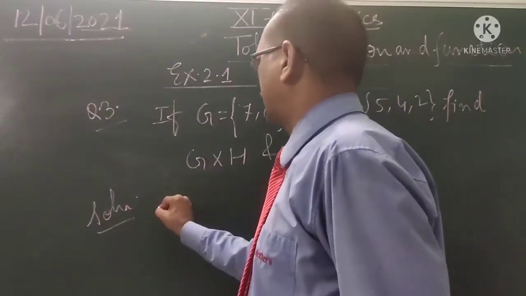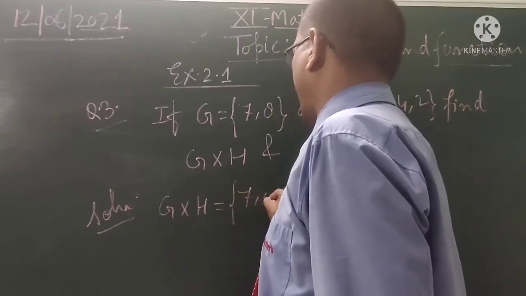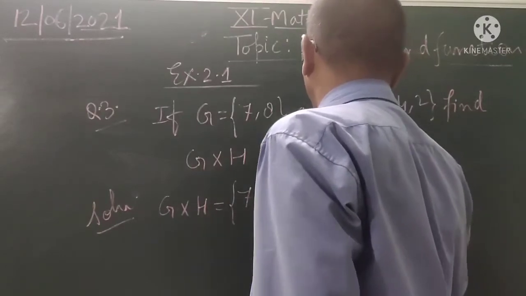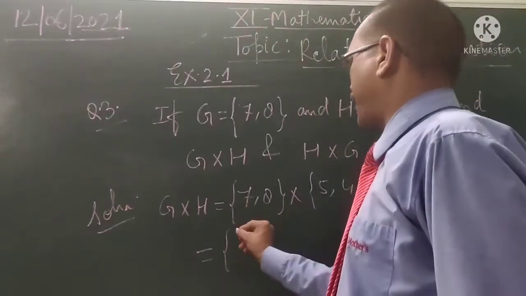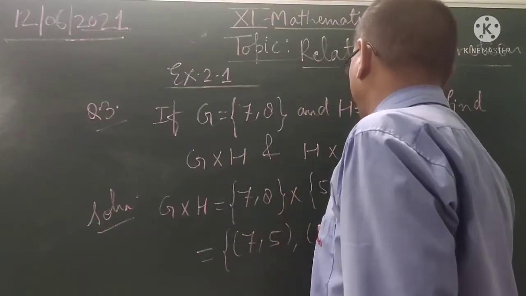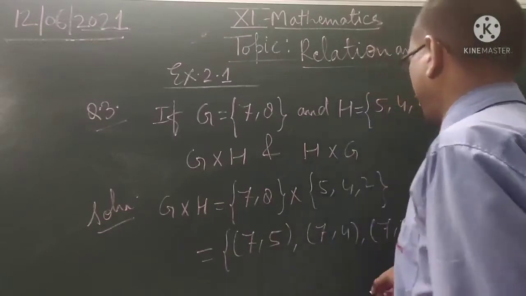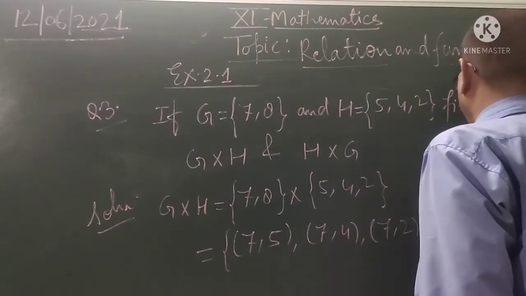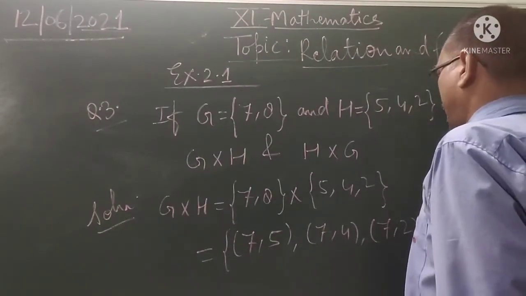G cross H equals {7, 8} cross {5, 4, 2}. It is the set of ordered pairs (7, 5), (7, 4), (7, 2), then (8, 5), (8, 4) and (8, 2).